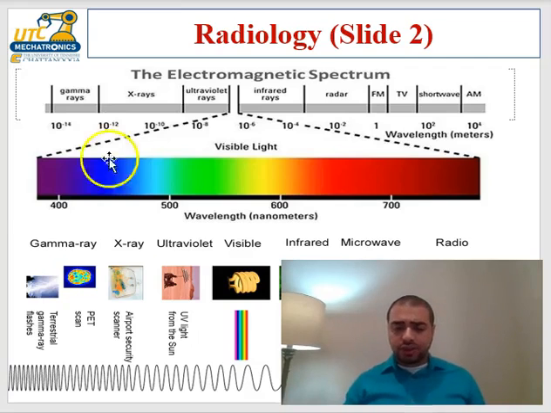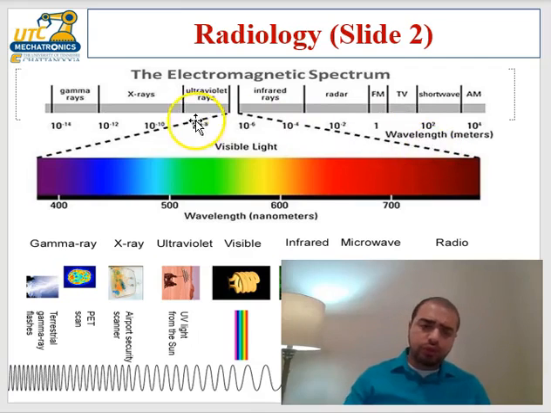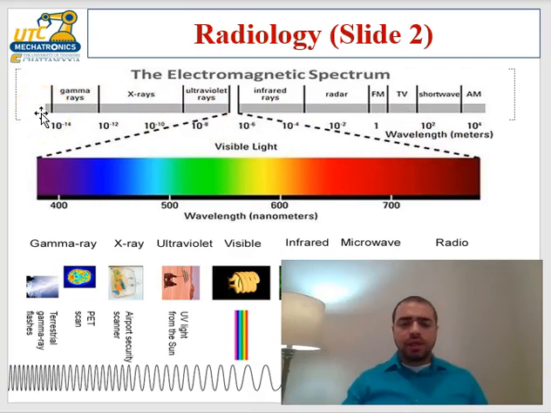These are some applications of different frequency ranges. Notice that as the frequency increases, going towards the gamma rays, the wavelength becomes a lot shorter. Look here how it has very short wavelengths, and here very long wavelengths. It's very important to understand the electromagnetic spectrum.